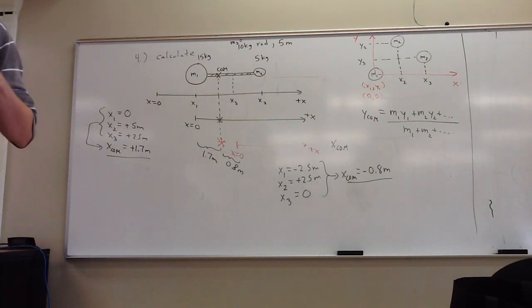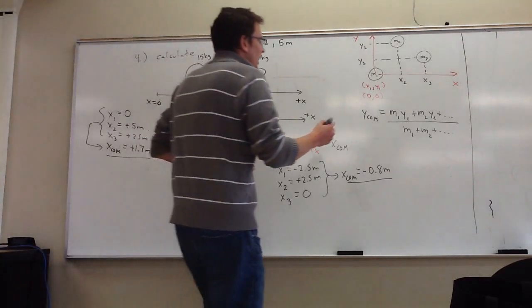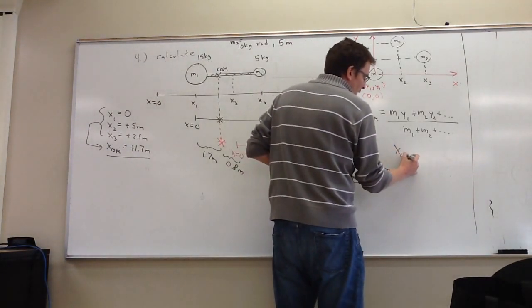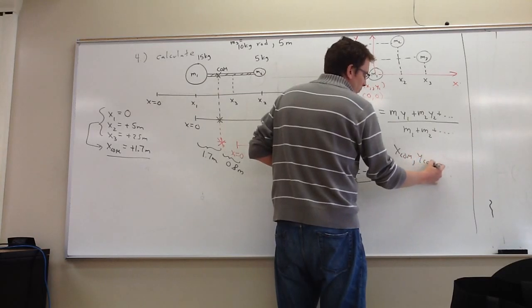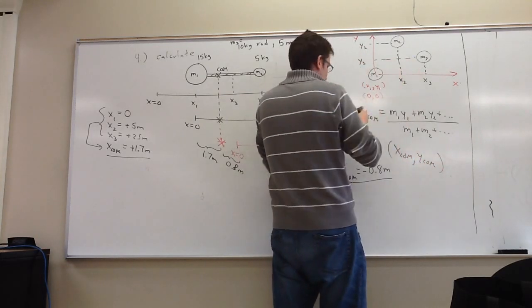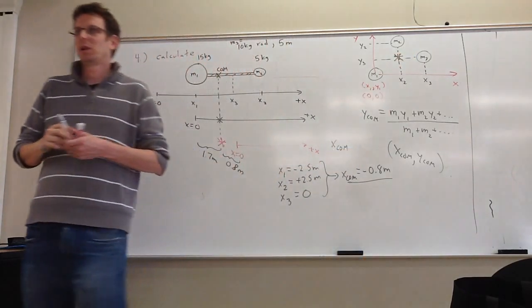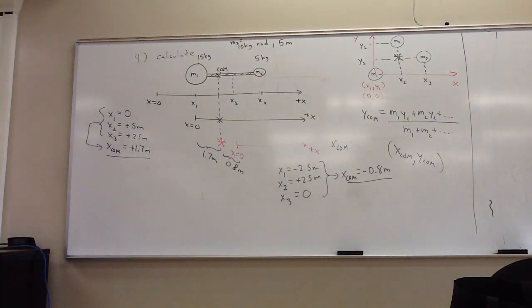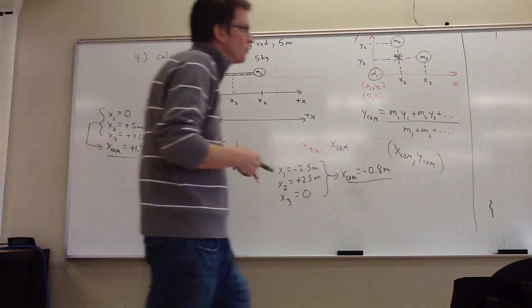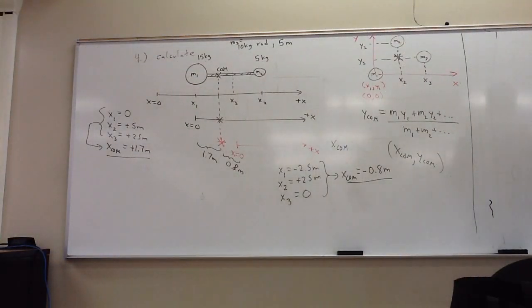So that formula and the old formula will produce a coordinate, x, y. So maybe it's somewhere about there. So you can find the coordinate in two-dimensional space of the center of mass. Any questions on that?